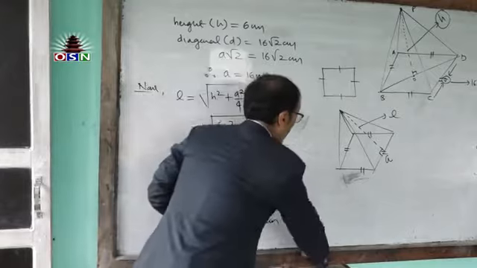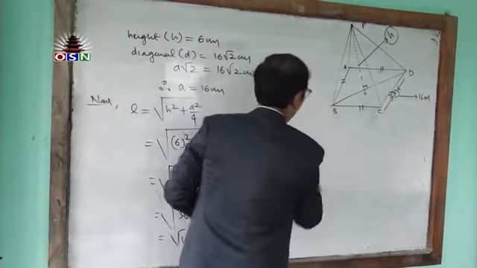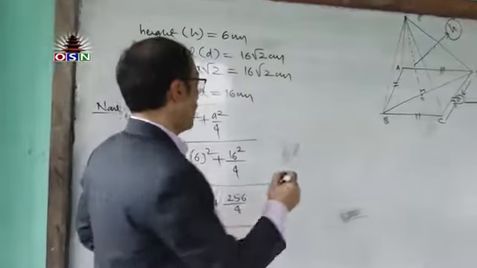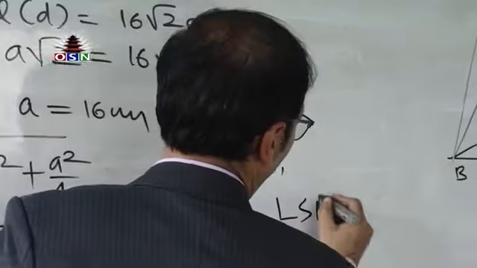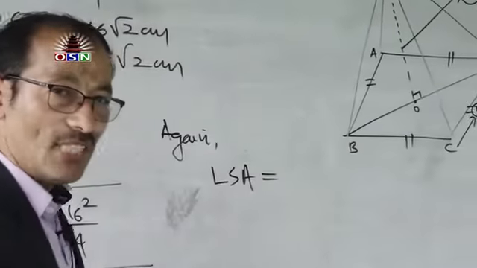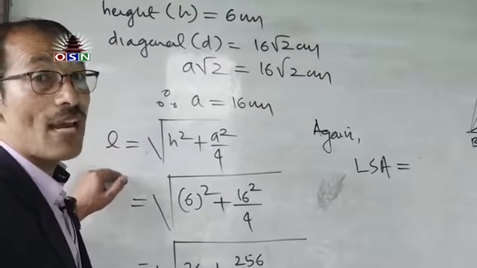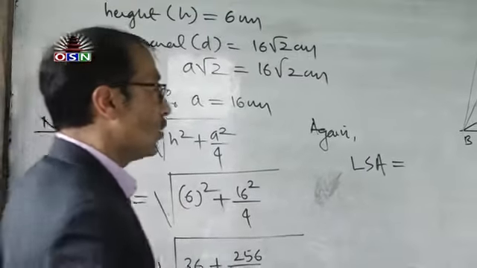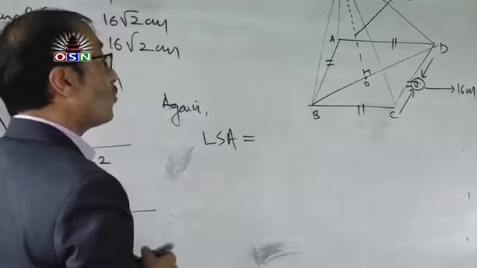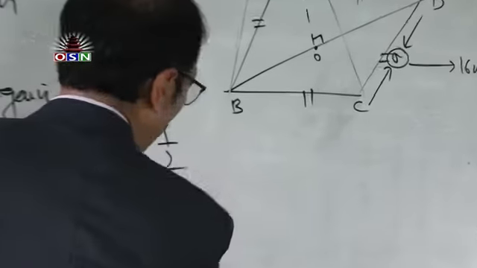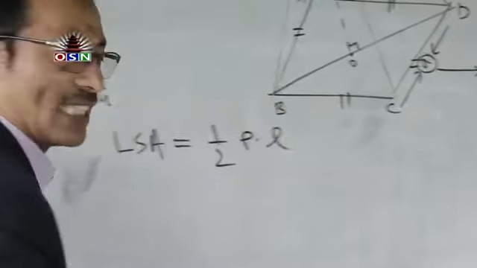After this step, to find the lateral surface area of a square base pyramid, we have one more formula. Again, lateral surface area of a square base pyramid: it is half perimeter into slanting length.